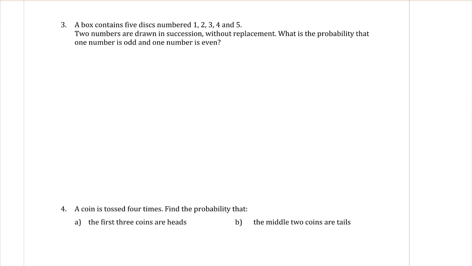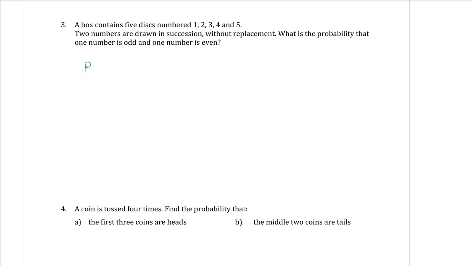A box contains 5 discs numbered 1, 2, 3, 4, and 5. 2 numbers are drawn in succession without replacement. What is the probability that 1 number is odd and 1 number is even? What are the possible outcomes that I could get that fit that criteria? There's 2 of them. 3 and 5. Oh, yes, sorry, I'm not meaning that specific.